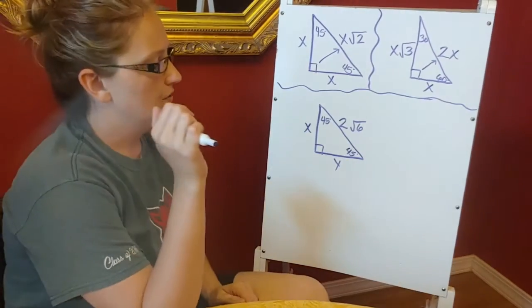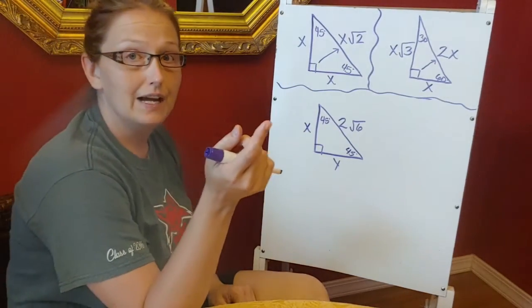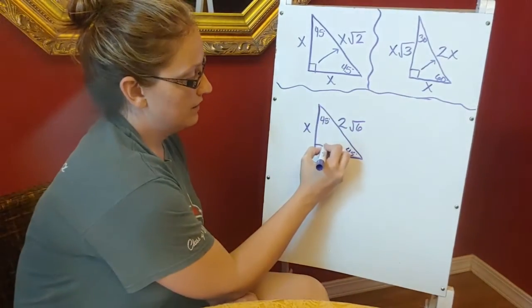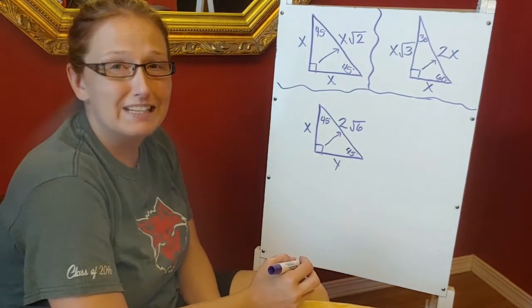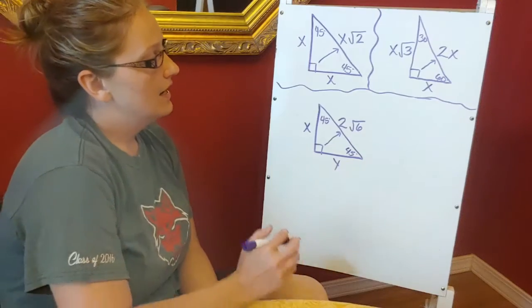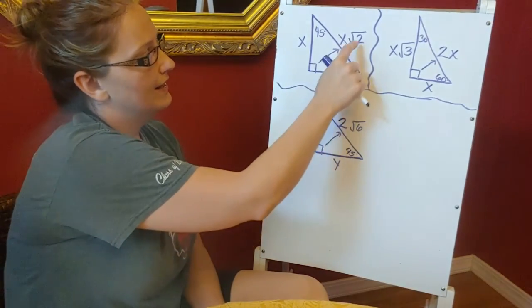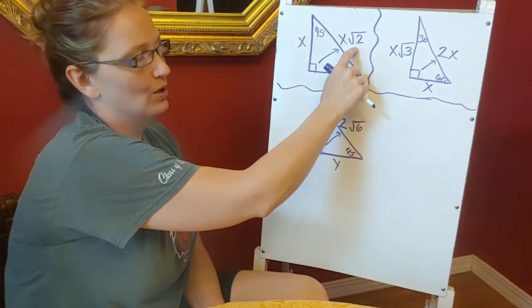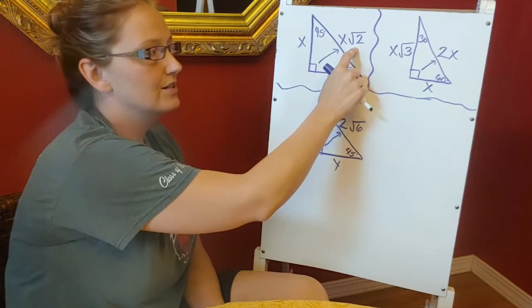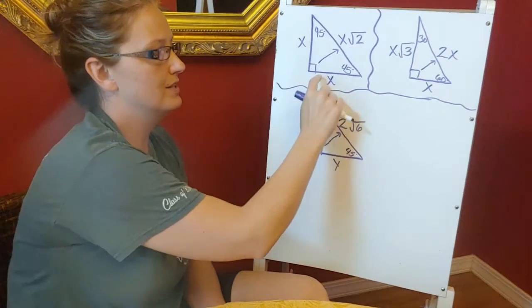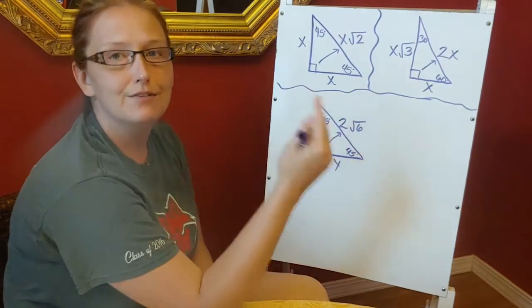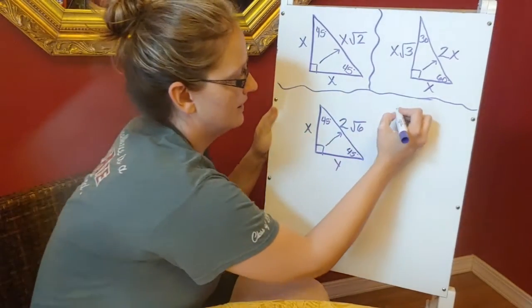Okay, so here's another example for a 45, 45, 90. For this one, I'm given my hypotenuse length. My hypotenuse length is 2 square root of 6. So I know to go from leg to hypotenuse, I multiply by the square root of 2. So it makes sense that if I'm going from hypotenuse to leg, I'm going to divide by the square root of 2.